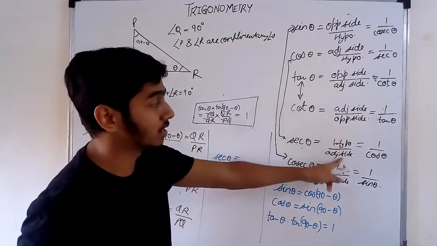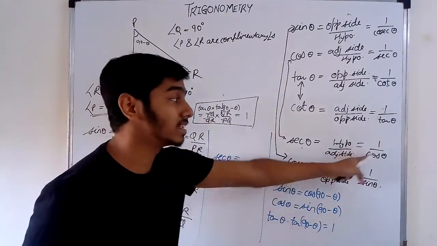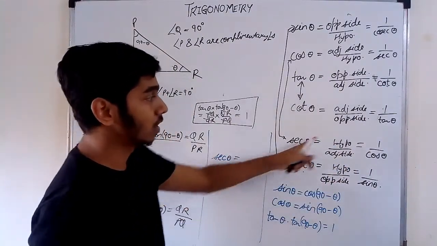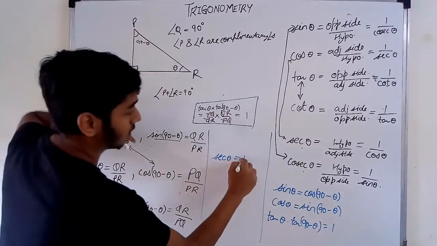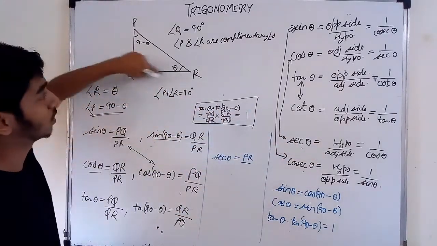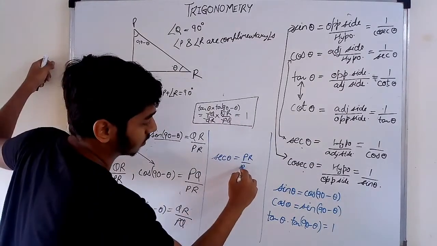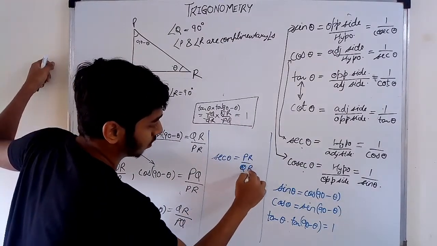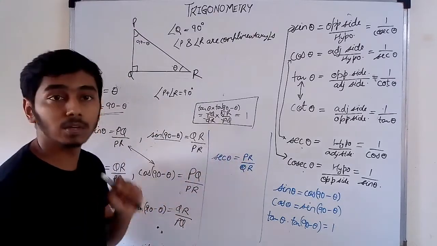Sec is hypotenuse upon adjacent, the reciprocal. So hypotenuse is PR, adjacent is QR, so PR upon QR.